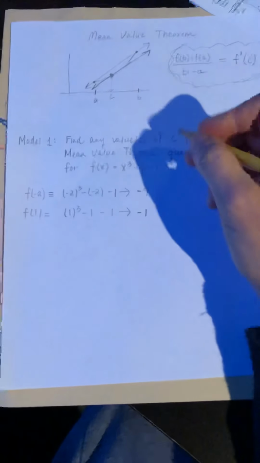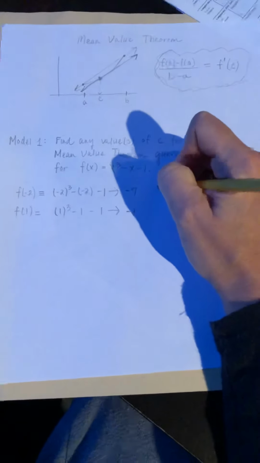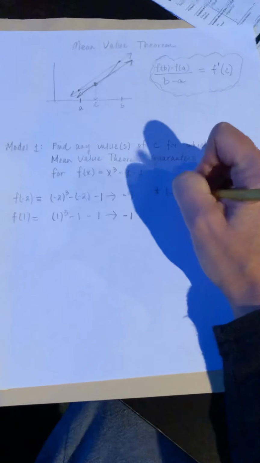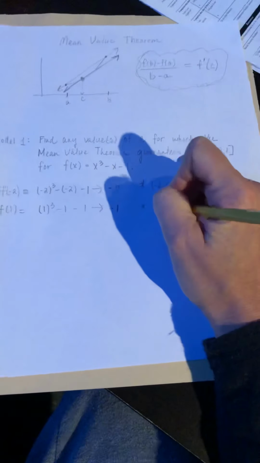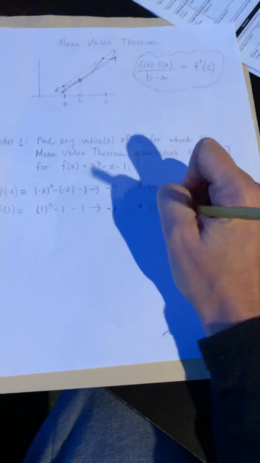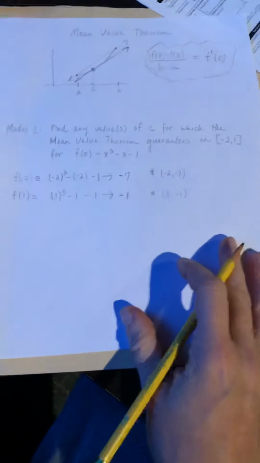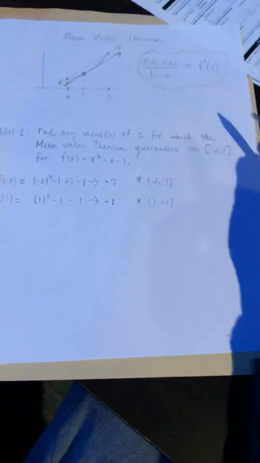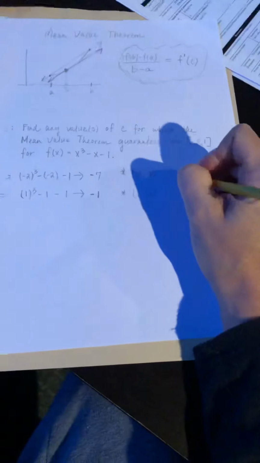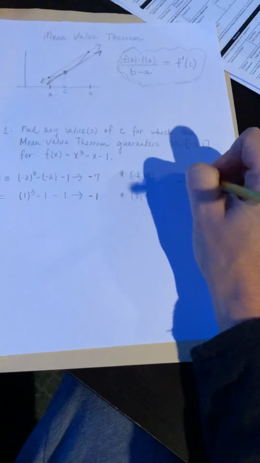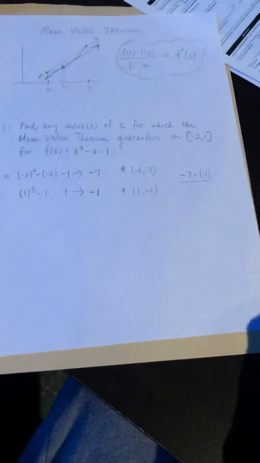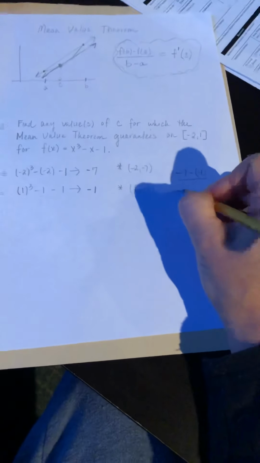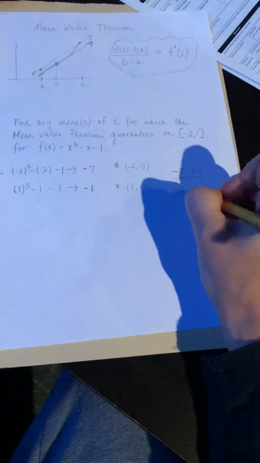So we just established that we're really working with the endpoints, -2, -7, and 1, -1. So if we were to find the slope of this line, we would do -7 minus -1 all over -2 minus 1.